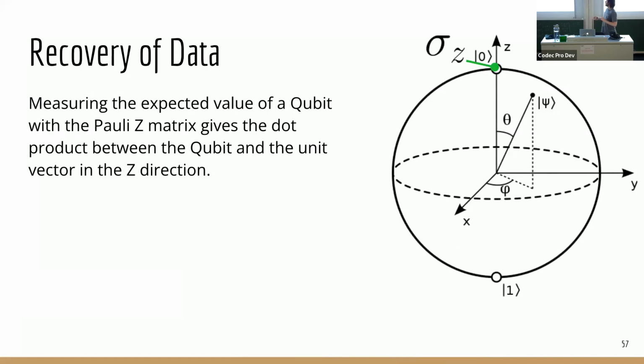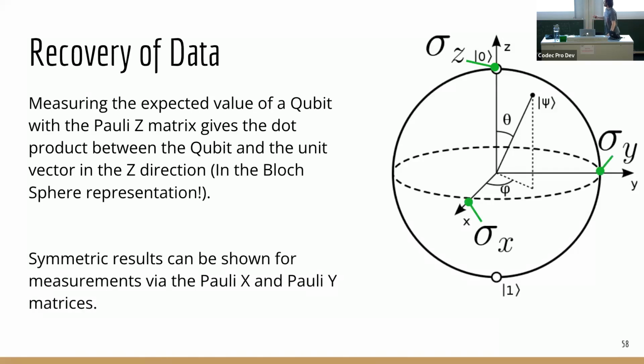This is much clearer to see on the Bloch sphere, but what this means is that if we are measuring the expected value of a qubit using the Pauli Z matrix, what we are actually measuring is a projection of this qubit onto a unit vector pointing upwards in the Z direction.